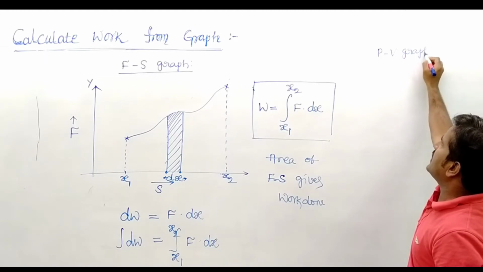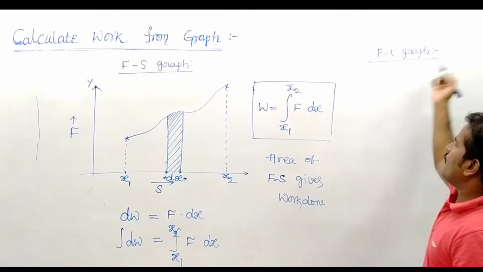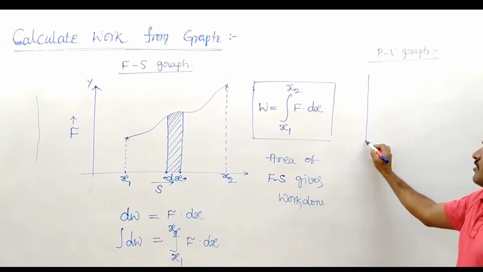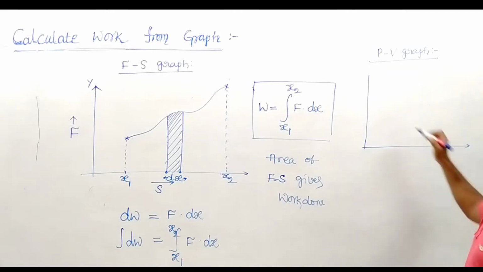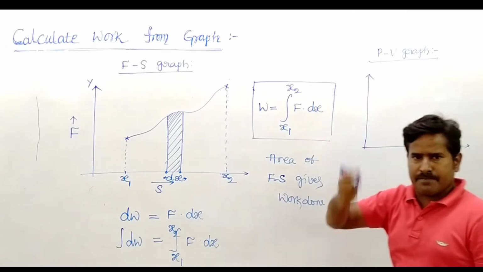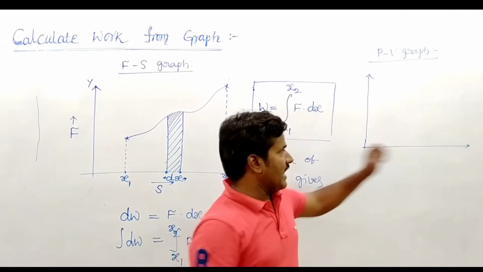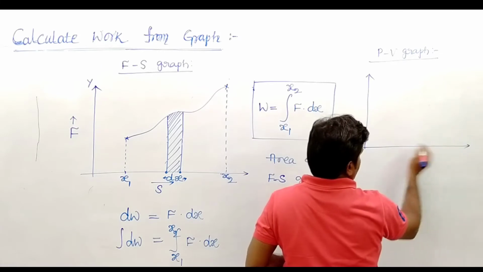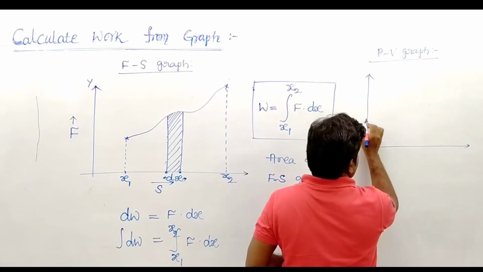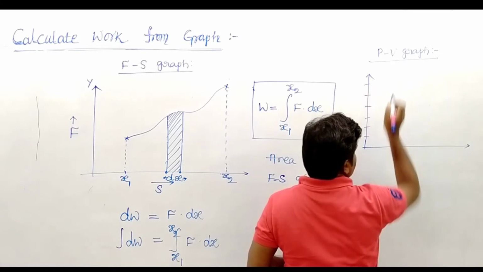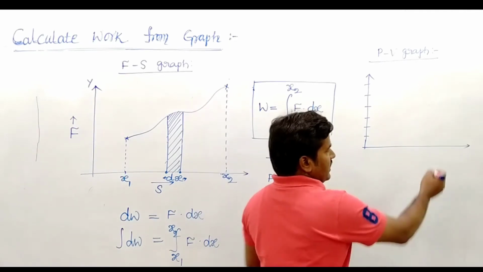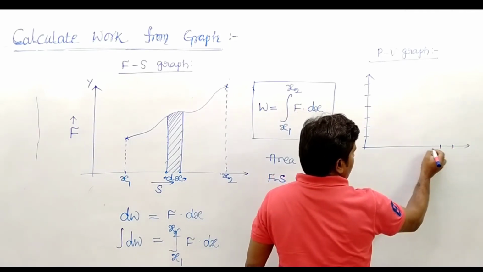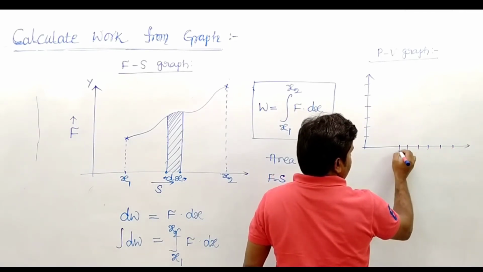Here also the work done is written when pressure changes with the related volume. When we press a gas, its volume continuously decreases. Suppose pressure increases, then volume decreases. Initially the volume is more, and finally the volume decreases.